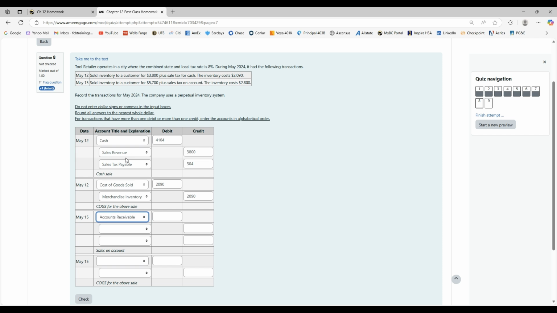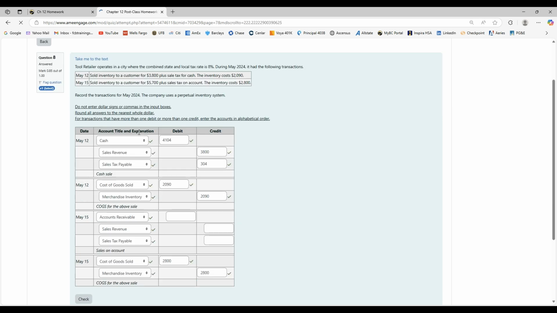And then sales on account is the same exact entry basically, except we're going to do AR instead of cash. I'm just going to put these in. This is the same thing here, but it's 2,800 for cost of goods sold. I want to make sure.